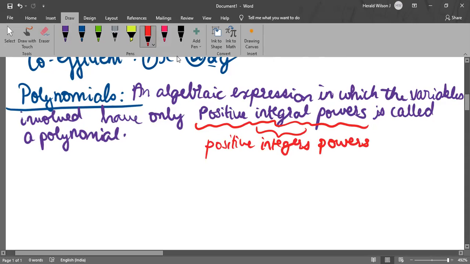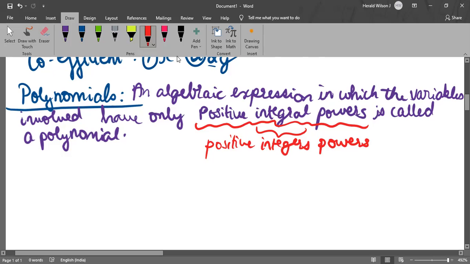I hope you know what an integer is. If you don't, check out the previous chapter, the introduction to exercise 1.1, where I explained integers. Integers consist of positive, negative, as well as zero.